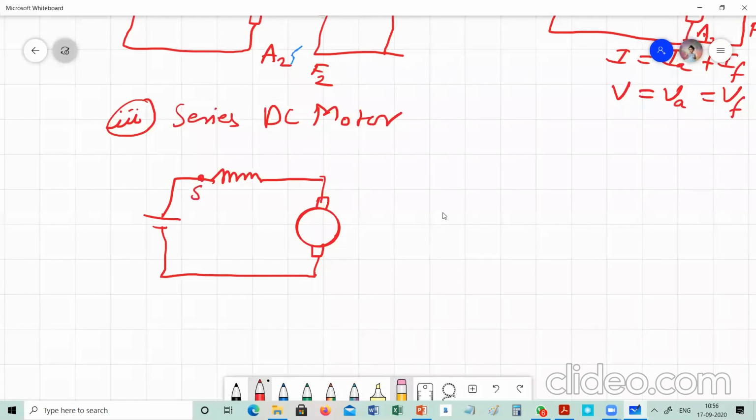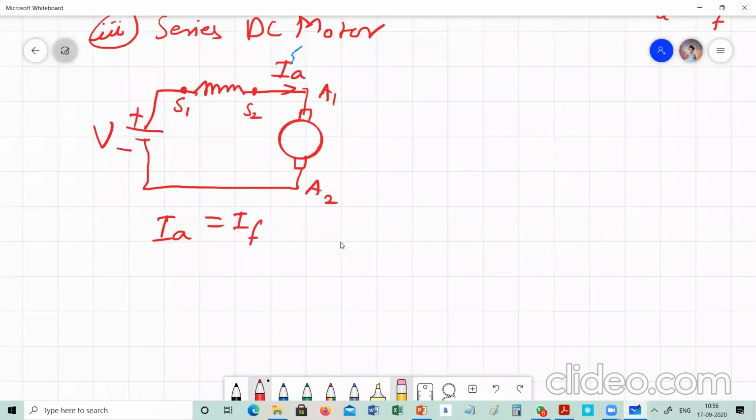It is a series winding, so the terminals are S1 and S2, and the armature terminals are A1 and A2. The supply is denoted by V, and the current through the armature is denoted by I. In this case, IA is equal to IF because they are connected in series, and V is equal to VA plus VF. In series the voltage is divided.